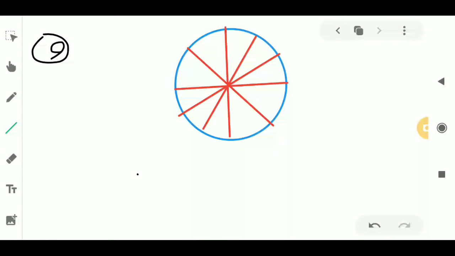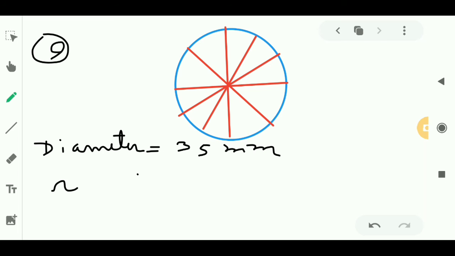So this one is your diagram. Here we can see 10 sectors are there and 5 diameters are there. The length of the diameter is given, so we are going to write that diameter 35 millimeter, and from the diameter we will find out the radius also, 35 by 2 millimeter.